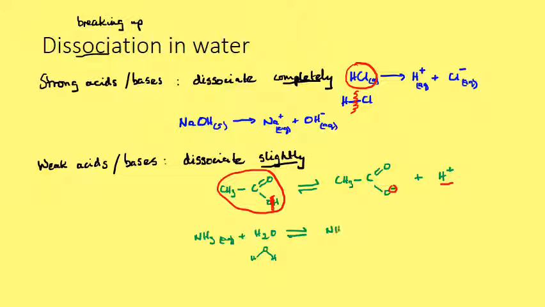So it was NH3, it would accept the proton, so it's got 4 hydrogens and a positive charge because the hydrogen ion didn't come with any electrons, just its own positive charge. And of course what it leaves behind is the OH minus ion, and these of course are both aqueous.